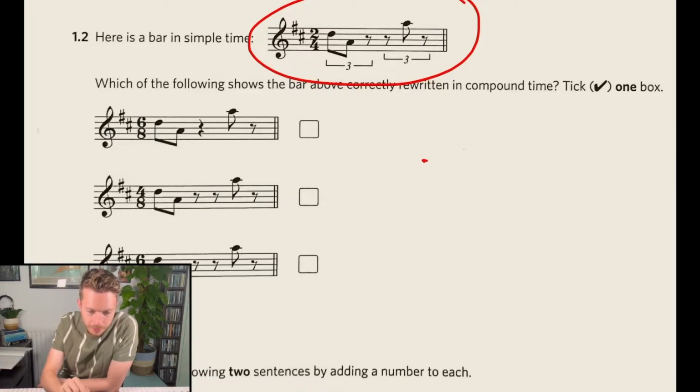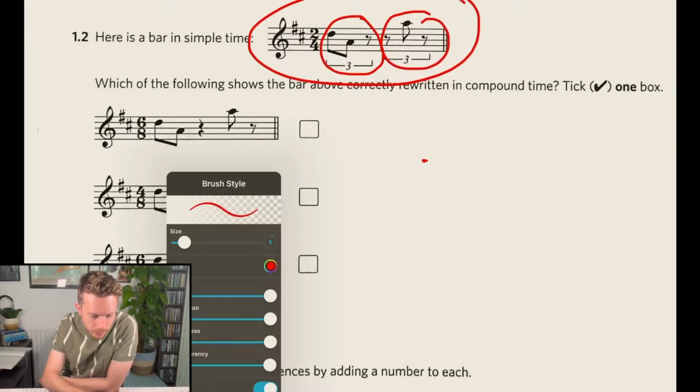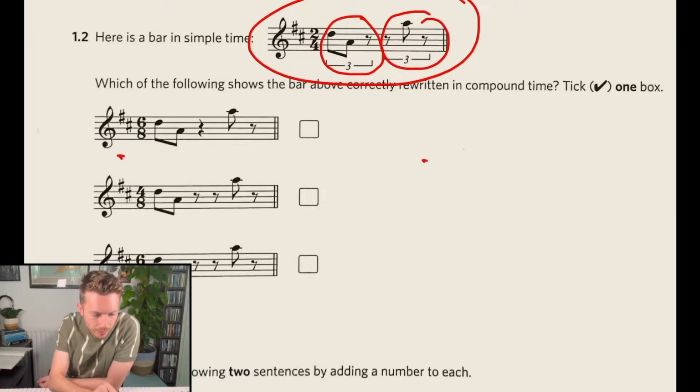So we have a triplet there and a triplet here, which means that, well, let's take a look at the examples that we have here. One's in 6/8, one's in 4/8, and one's in 6/8 again.